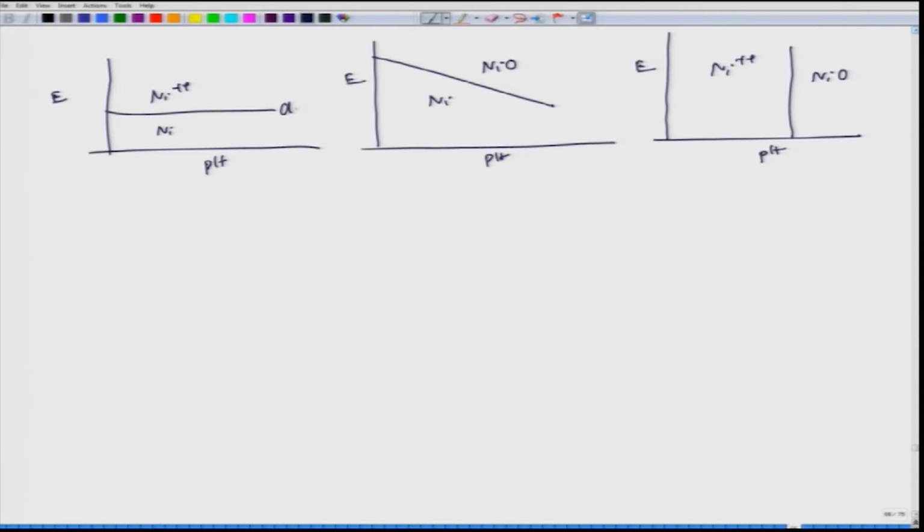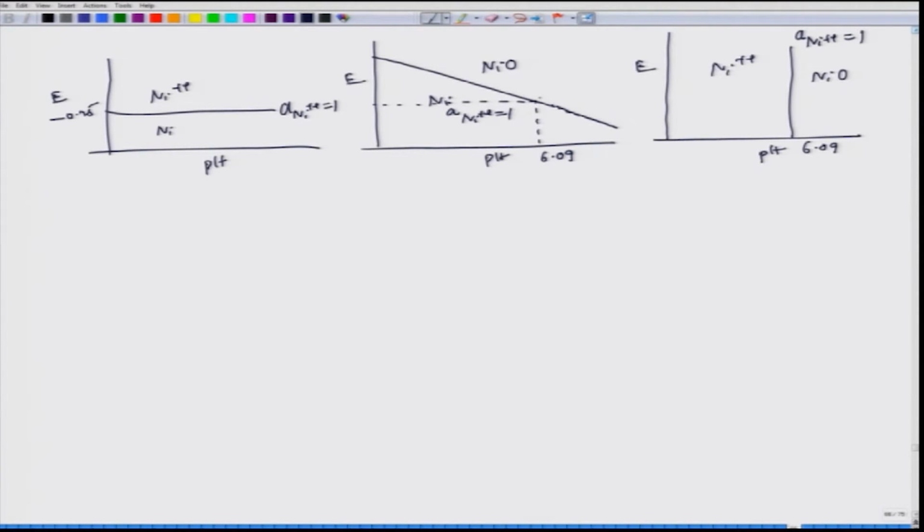If activity of nickel plus plus is equal to 1, this is 0.25, and at that time this value goes to, as we have calculated before, 6.09 when activity of Ni plus plus is equal to 1, and this is also 6.09 when activity of Ni plus plus is equal to 1.